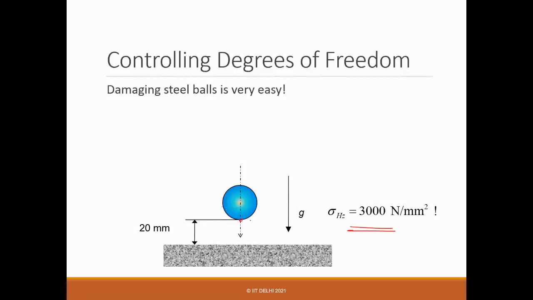Even a steel ball of maybe 20 millimeter diameter, dropping from 20 millimeter height, can develop stresses of 3000 Newton per millimeter square, 10 to the power 6 Newton per millimeter square. You can imagine very high stresses, and it can be easily damaged.